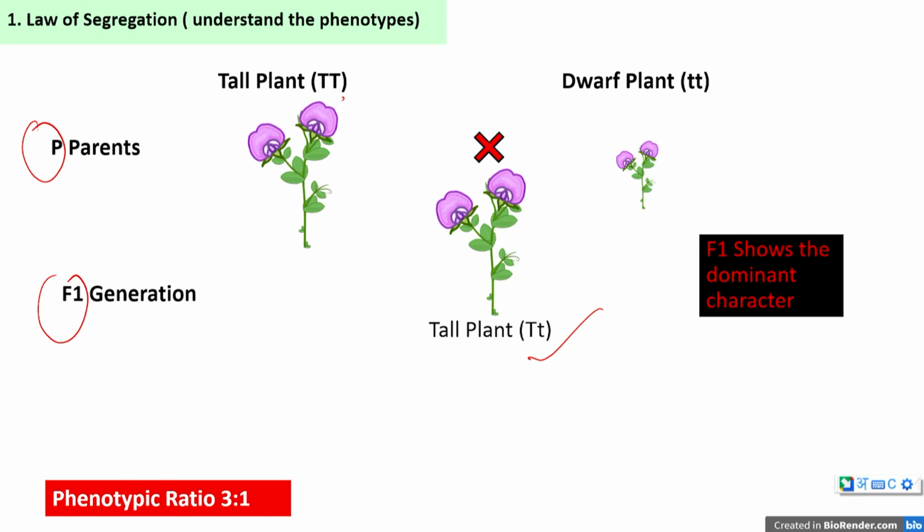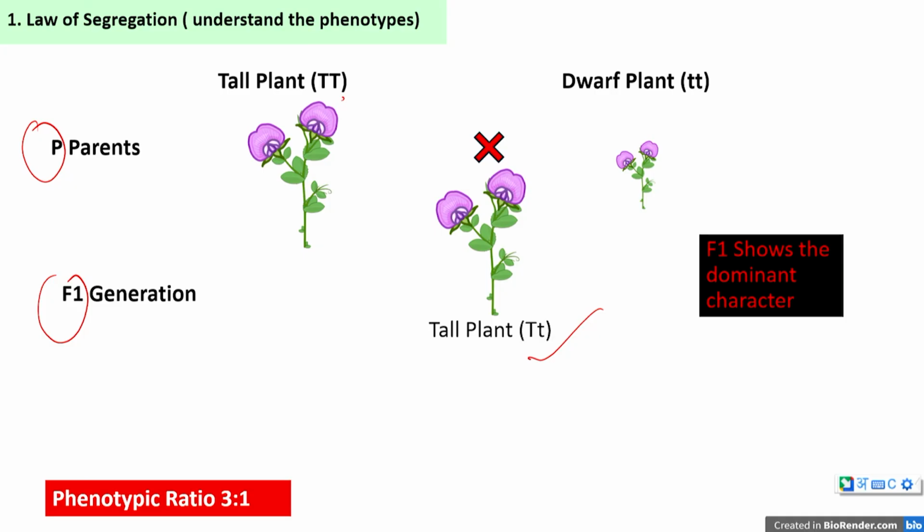When the genes of tall and dwarf plant come together, we only see the tall plant, no dwarf plant. So, initially people thought the trait had disappeared, maybe blending was happening in these cases.